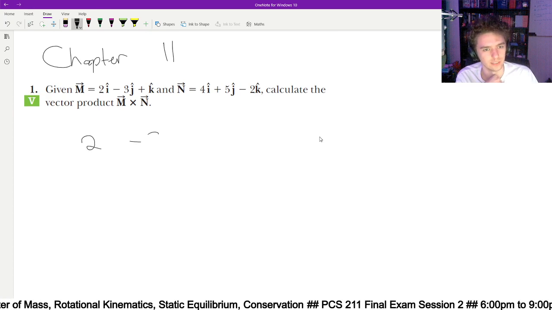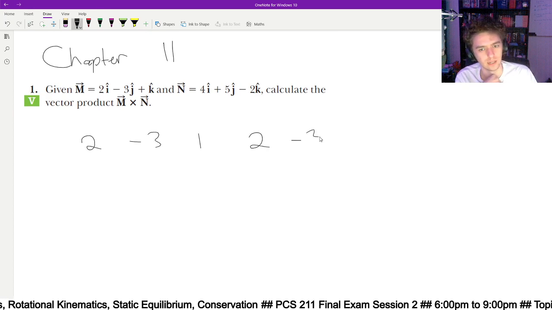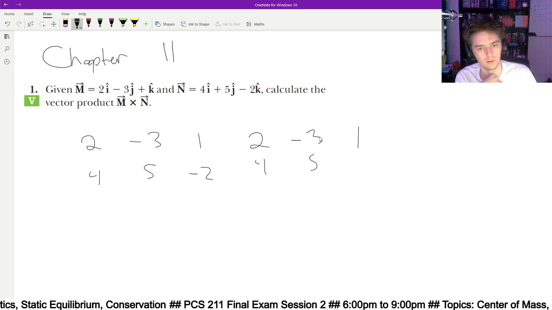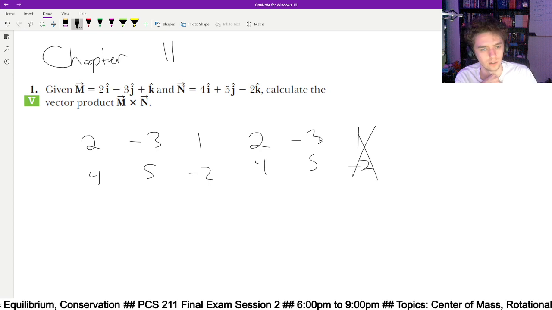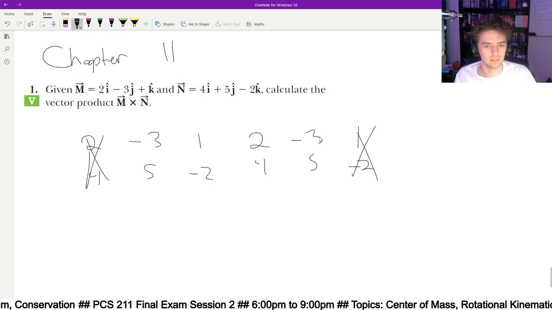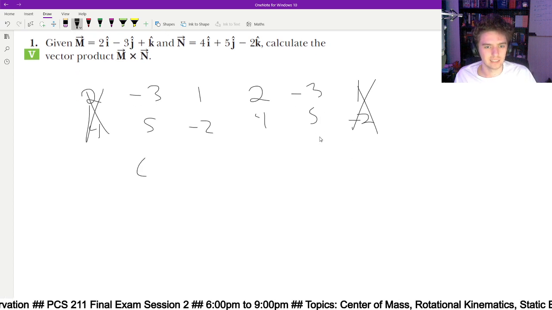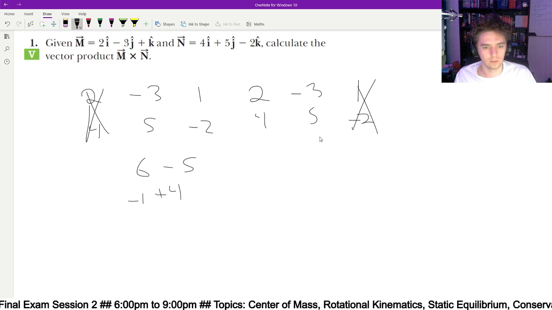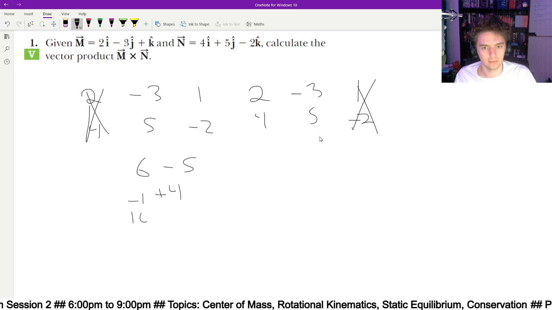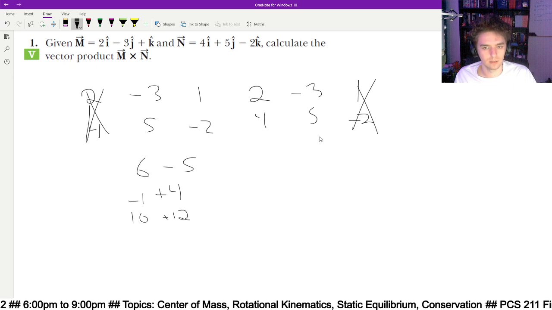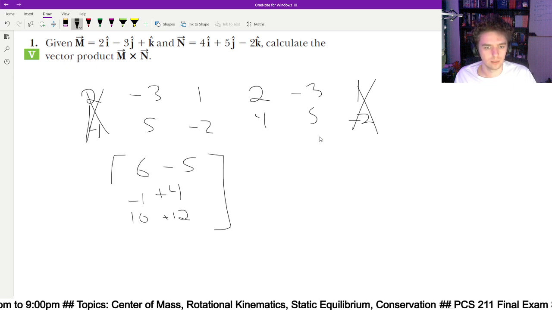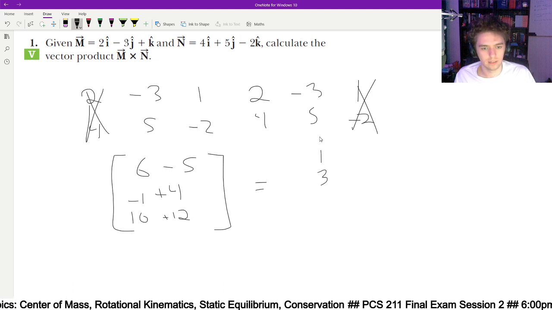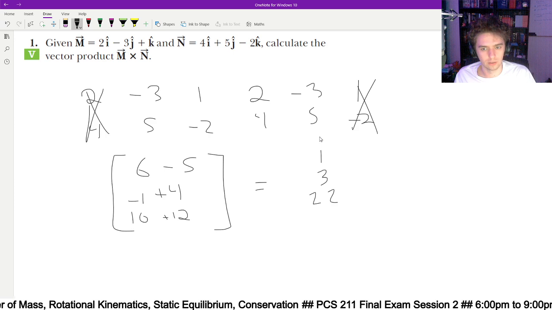So 2, -3, 1, 4, 5, -2. Okay, so determinant of that is 6 minus 5, -1 plus 4, 10 plus 12. So 1, 3, 10 plus 12 is 22.